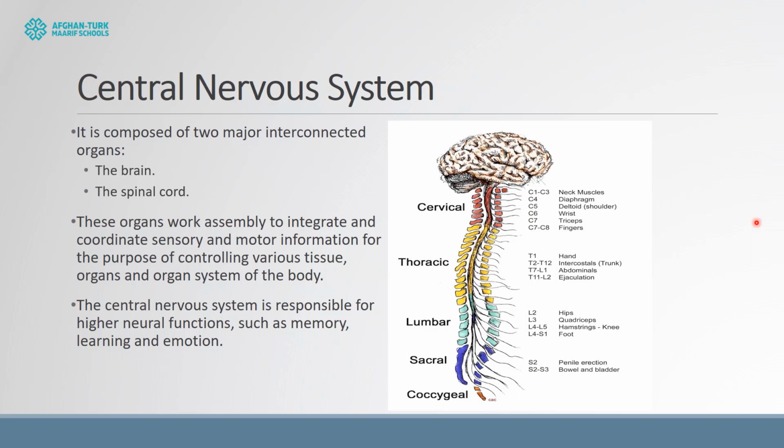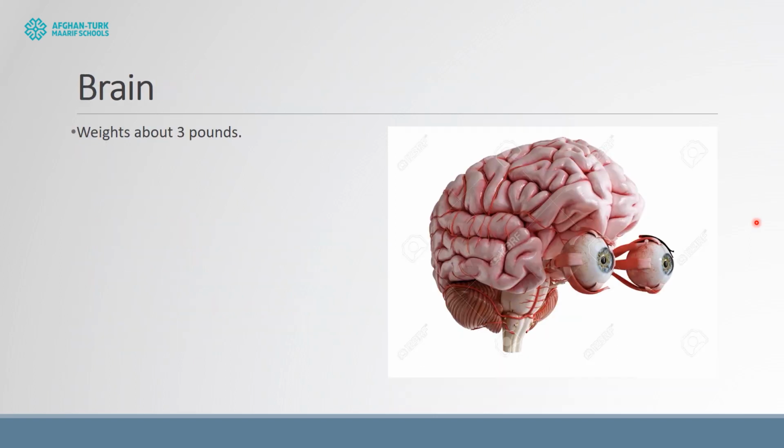The central nervous system is responsible for controlling complicated nervous actions, for example memory, learning, and emotion. It means memory, learning, and emotion are controlled with the help of the central nervous system or CNS.